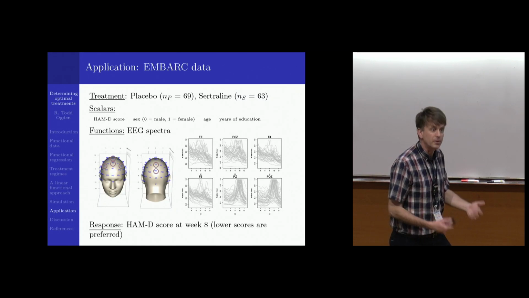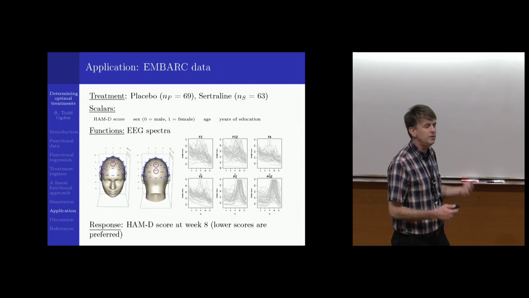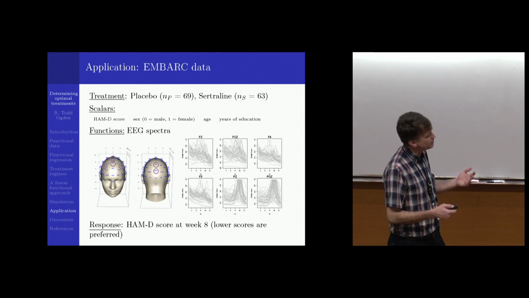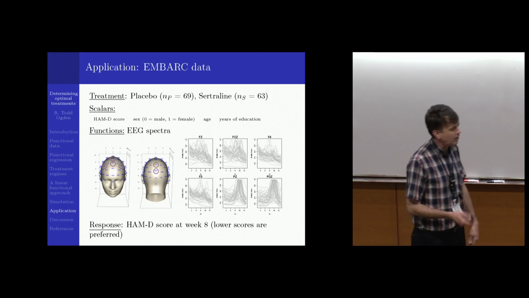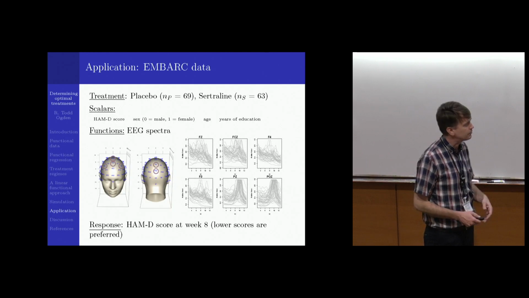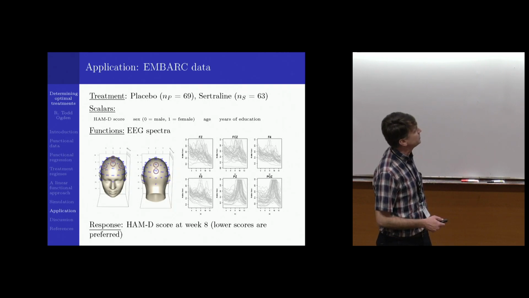This is thought to be part of the main effect. We don't really care so much about the main effect, but the thinking is if this is involved with getting better or not getting better, then maybe it's also involved with which treatment they should get.